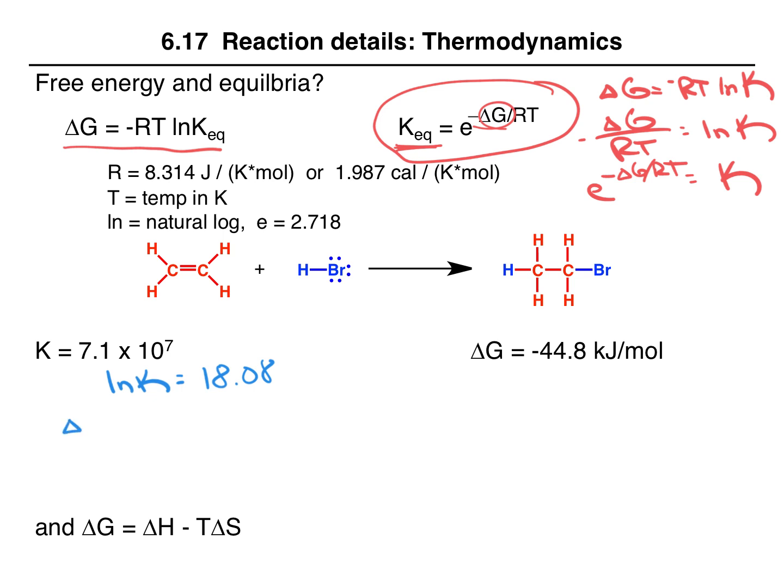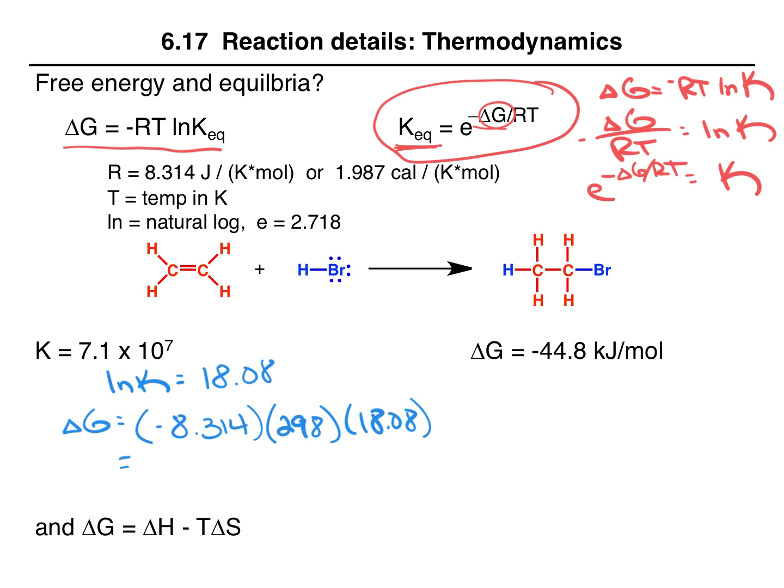So our delta G is equal to negative R. Let's do 8.314, and notice this is in joules per Kelvin per mole. If this reaction is done at 25 degrees Celsius, that is 298 K. And then we plug in the ln of K, which is 18.08.